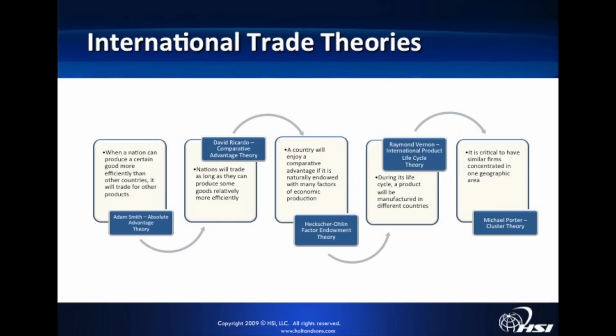Then we move more into the Heckscher and Ohlin factor endowment theory, basically stating a country will enjoy a comparative advantage over other countries if it's naturally endowed with a greater abundance of one of the factors of economic production, such as land. The United States has tons of land, labor.